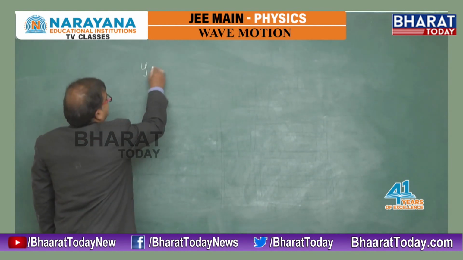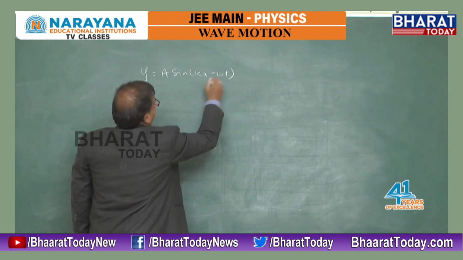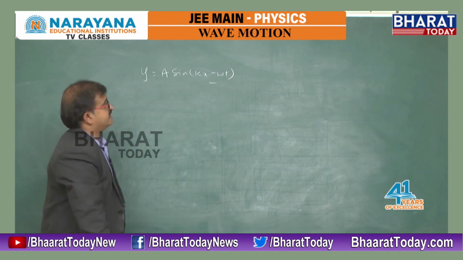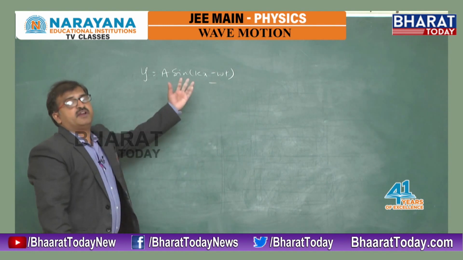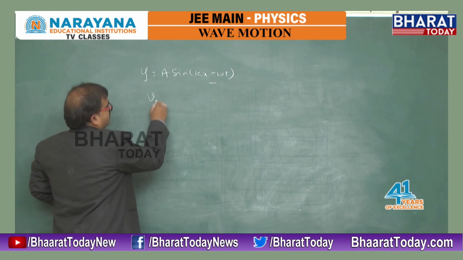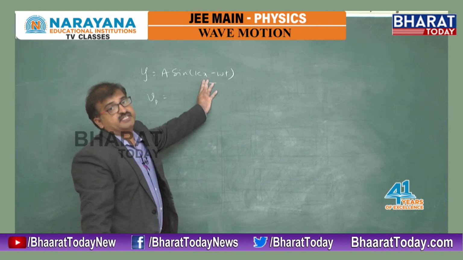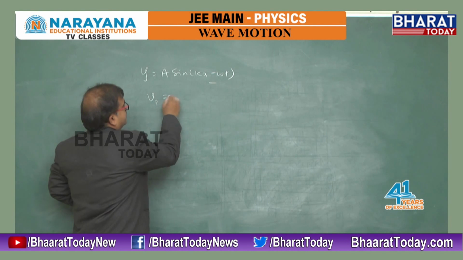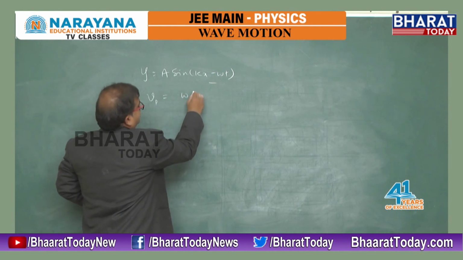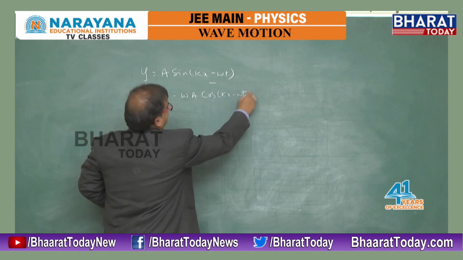So here y is equal to a sin(kx minus omega t). Here, the maximum velocity of the particle is something they will ask directly. As we got just now, the velocity of the particle at a position x given to you is omega a times cos(kx minus omega t).